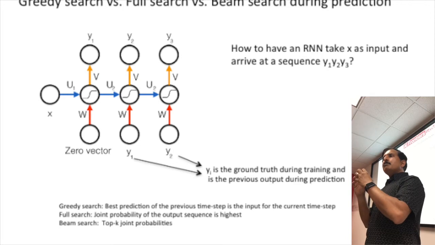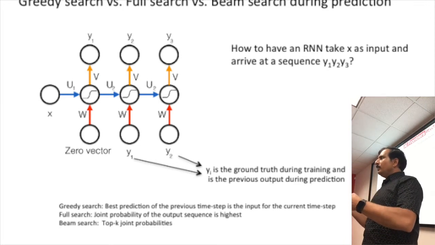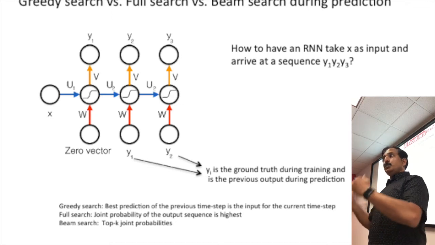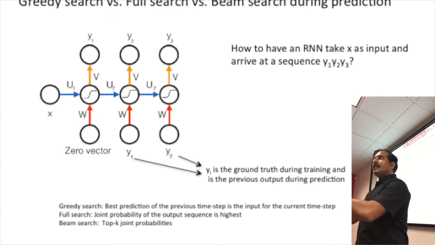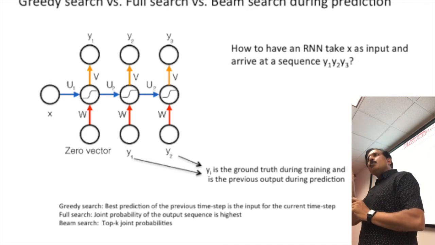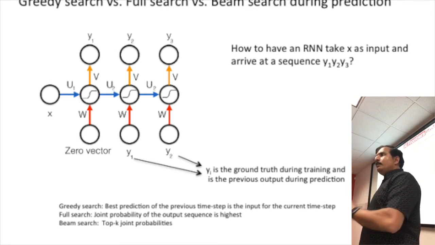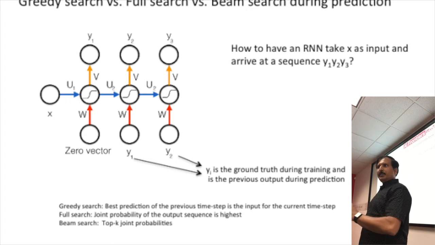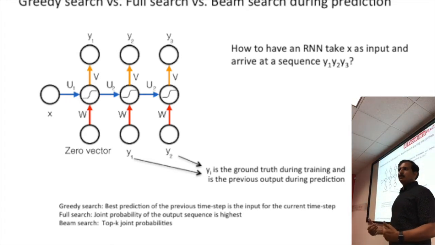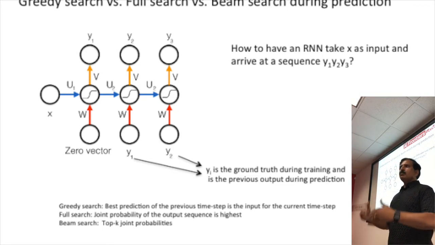And hence the potential errors the model is making in predictions is being eliminated, because you're giving the right answer at every step, even though it's making an error, or the error is 0.0001, but still that's an error, and you're eliminating the error by giving the ground truth. That's in the training model. But in testing, you don't have any ground truth because you're actually asking the model, tell me what the right word should be. What is the first word y1 should be?